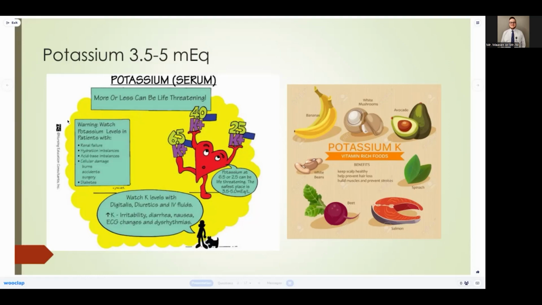Potassium can again cause ECG changes, so changes in rhythm, dysrhythmias or heart arrhythmias, and diarrhea and nausea secondarily. But your big ding ding ding nursing thought, if I hear about out of whack potassium, I'm thinking about cardiac arrhythmias and heart issues. Foods that are rich in potassium: spinach, salmon, beets, white beans, bananas, avocados, white mushrooms.